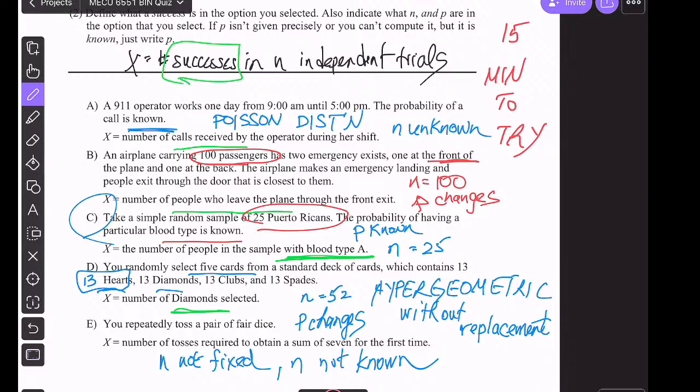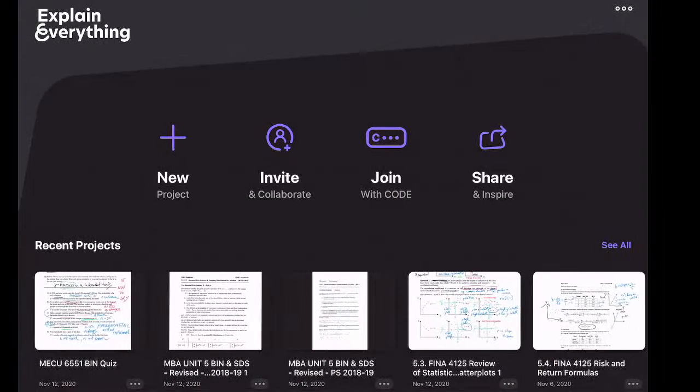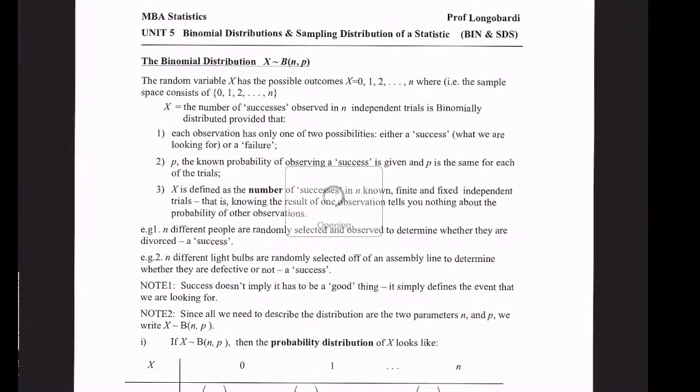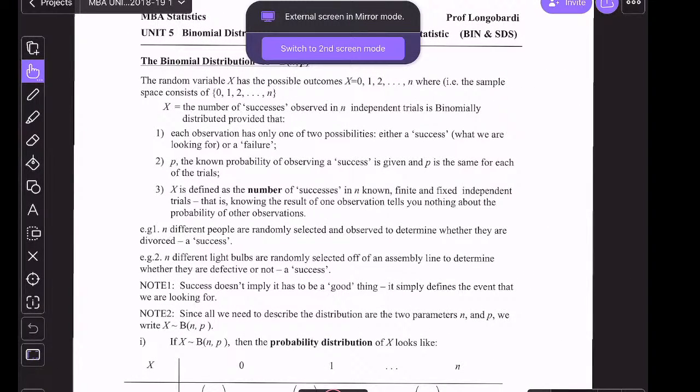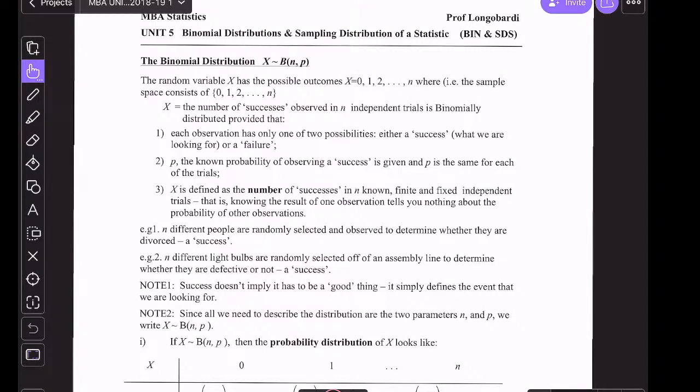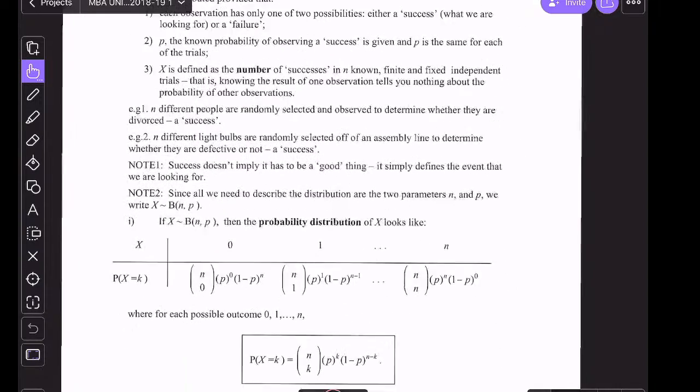Okay, let's get back to this. All right, so we have a better idea of the binomial. What is a binomial distribution, what isn't. And now what we want to do is discuss the probability distribution. What are the possible outcomes and what's their likelihood? In fact, here it is.